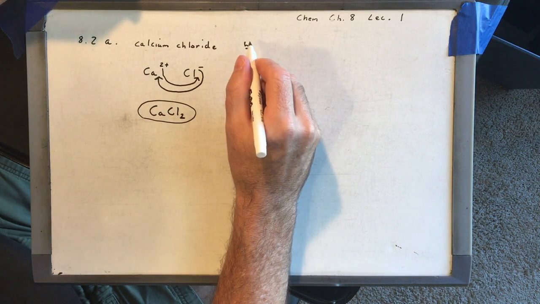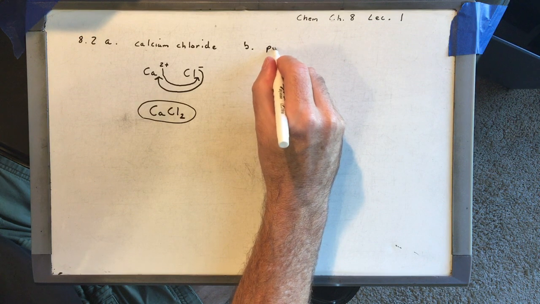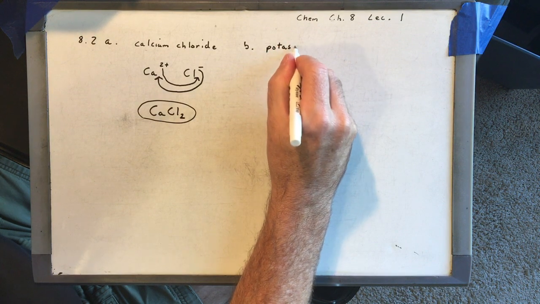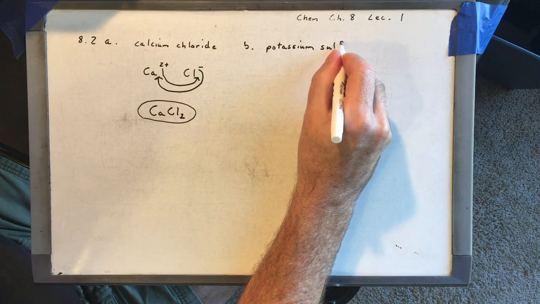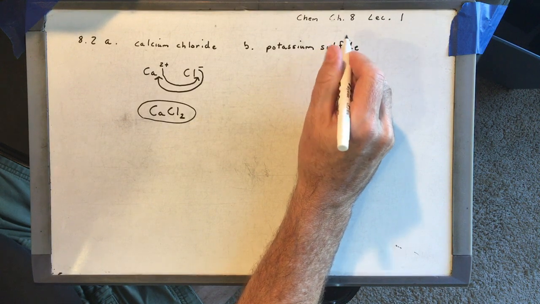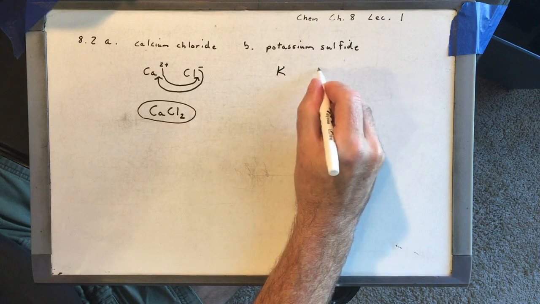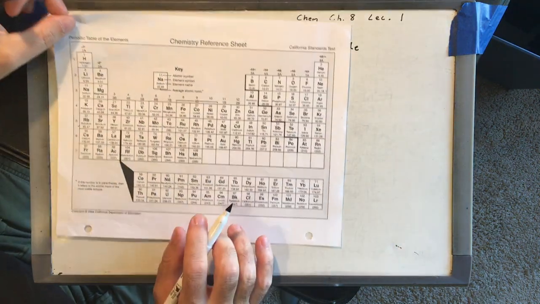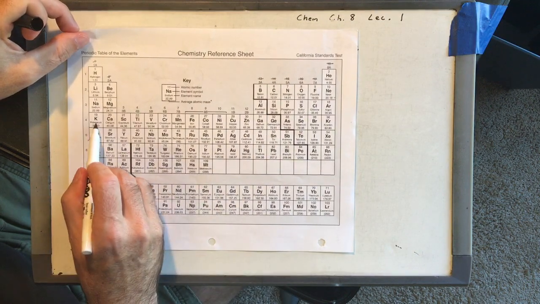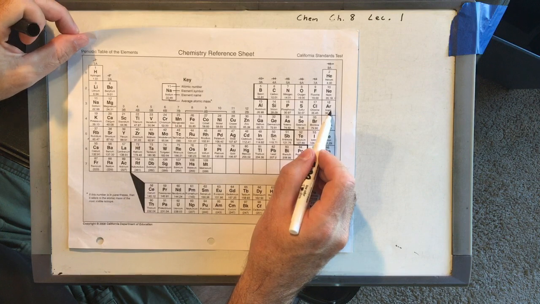Let's do another one. The next one is potassium sulfide. Potassium is K, sulfide is S. Potassium in column 1 wants to lose 1 electron so that it can be like argon.